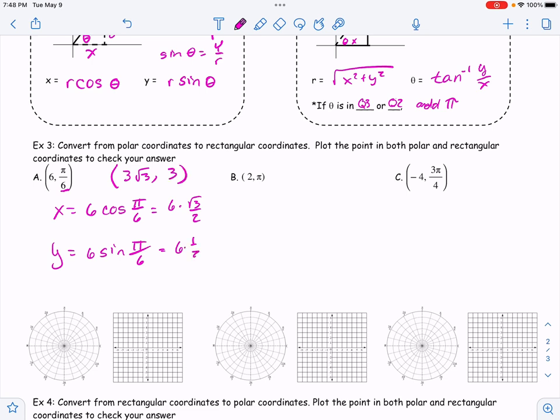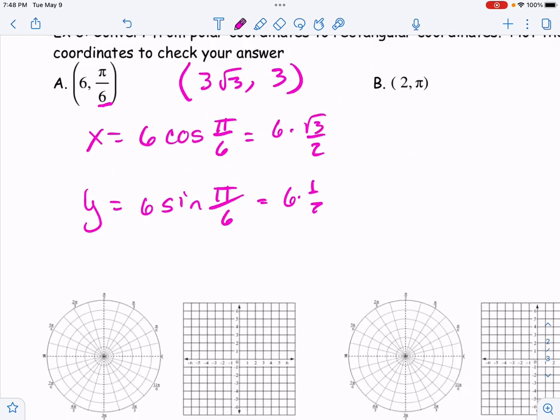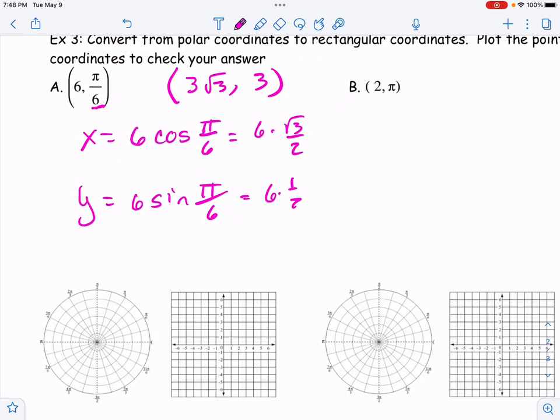Well, let's see, what is 3 root 3 in decimal? 3 root 3 in decimal is 5.1. So if I plotted that, I want to plot this polar. You go pi over 6, and it's the 6th ring. So here's pi over 6. You go 1, 2, 3, 4, 5, 6.